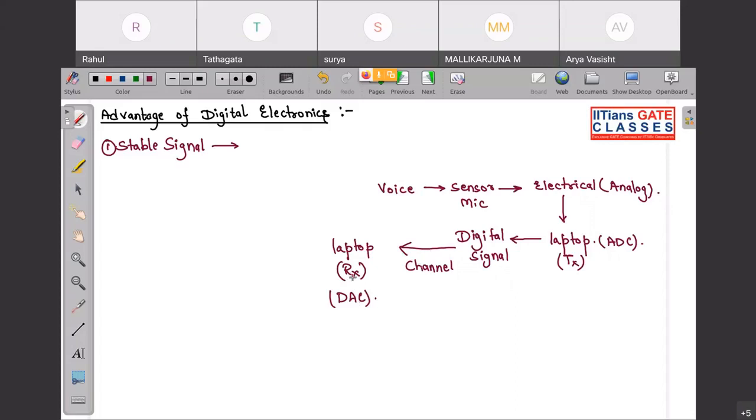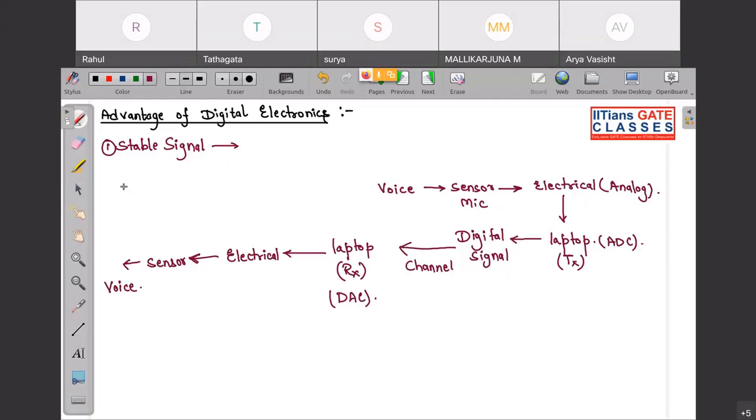This converts the digital signal to an analog signal, and again to an equivalent electrical signal. Then again the same process, there is a sensor which converts this electrical signal to a voice signal, or you can say auditory signal. So this is the whole process.